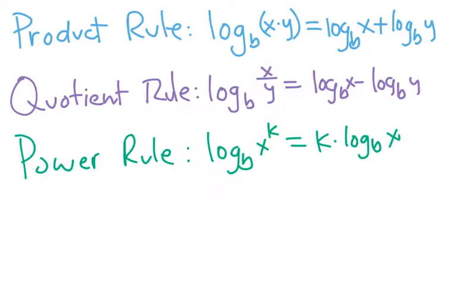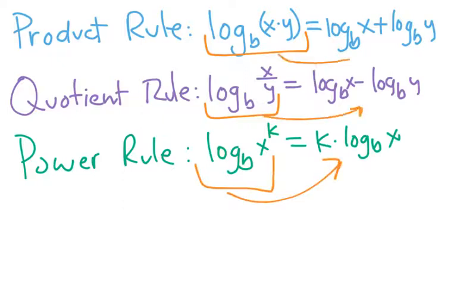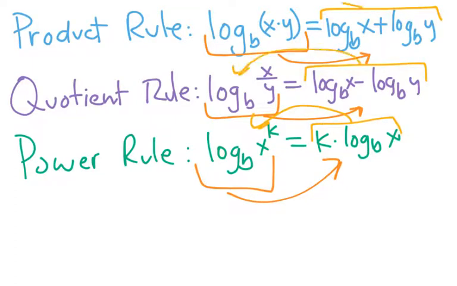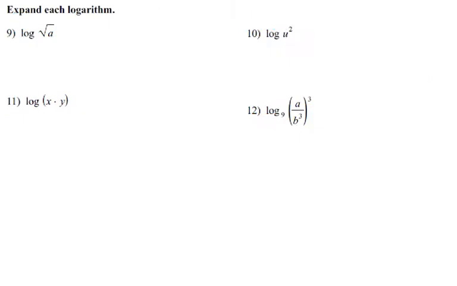Okay, so when we're expanding, we start with this side and we try to get to the other side. When we're condensing, we start at the longer side and we're trying to get back. Okay, so one other thing to remind ourselves, a square root or any root is actually a fractional exponent.